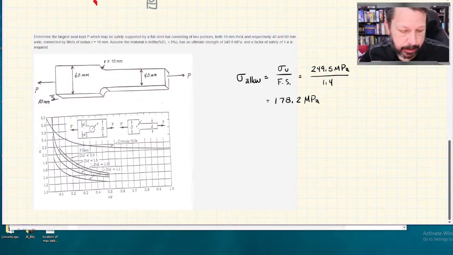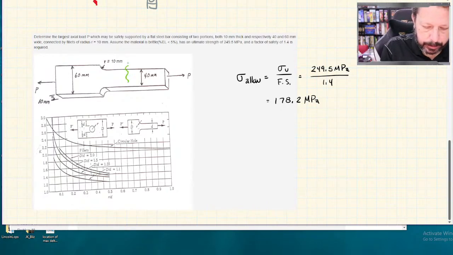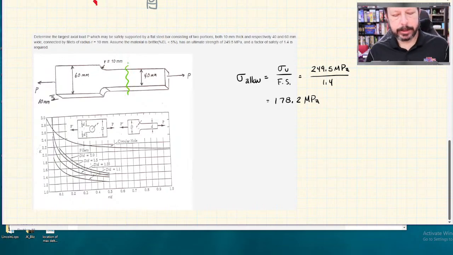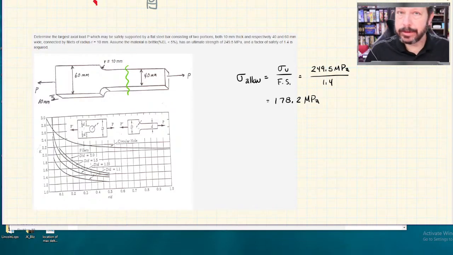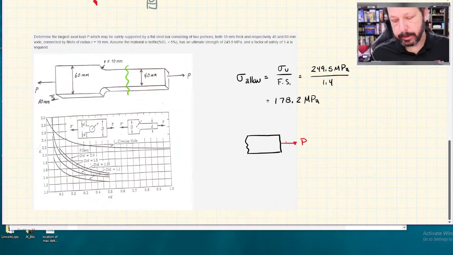So looking at our little diagram here, the worst case would be the thinner part or the more narrow part, that's where the stress would be higher. So the first thing you do is you just calculate the stress like you normally would. So if I cut it open where I've shown that little diagram, then I would have P. I don't know the value for P, but that's the force that I'm trying to figure out.